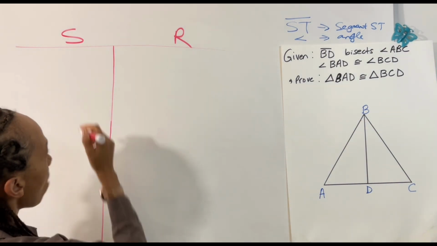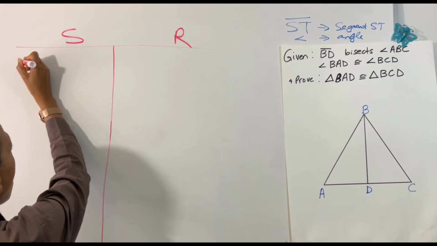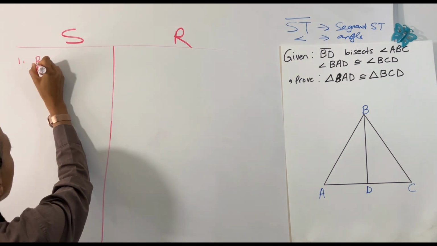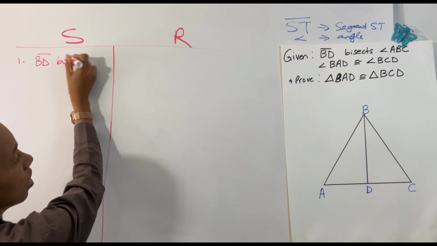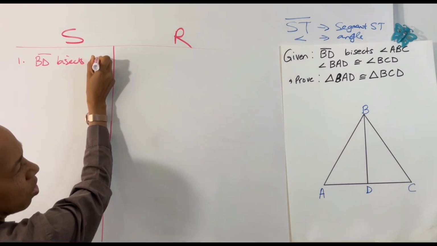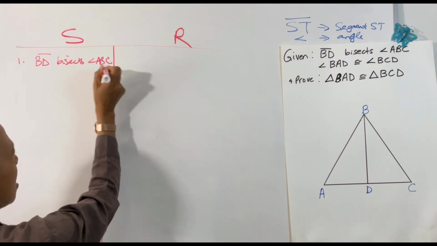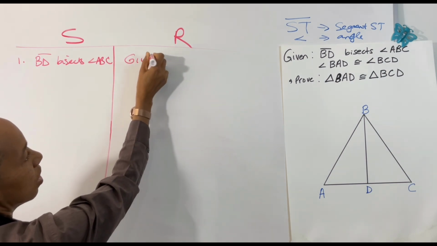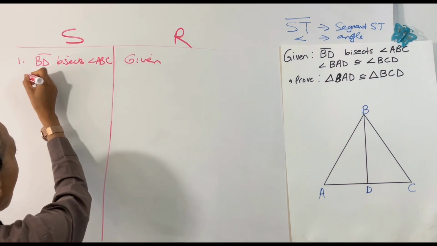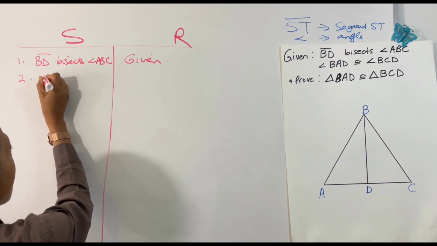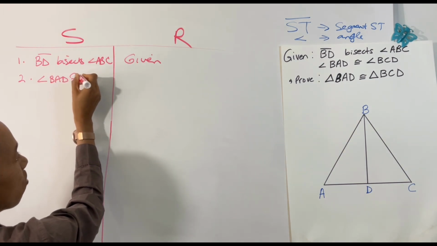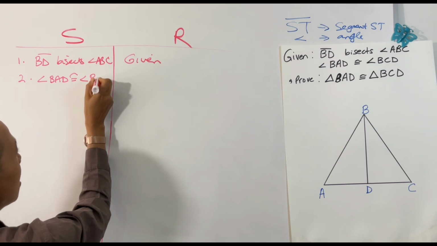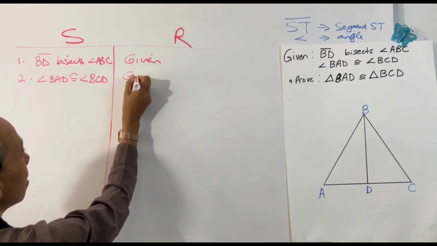So we are going to write down our given 1: BD bisects angle ABC, and that's a given. Then the next given that we have is angle BAD is congruent to angle BCD, and that's a given.